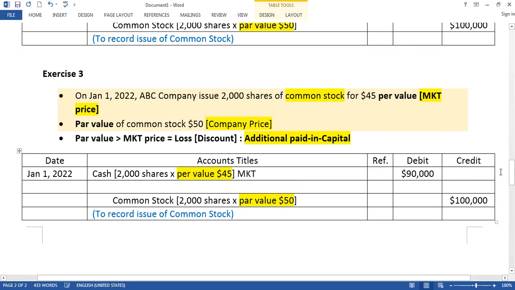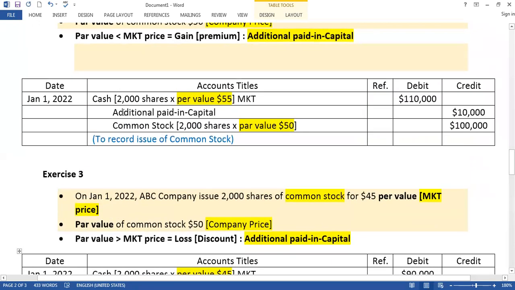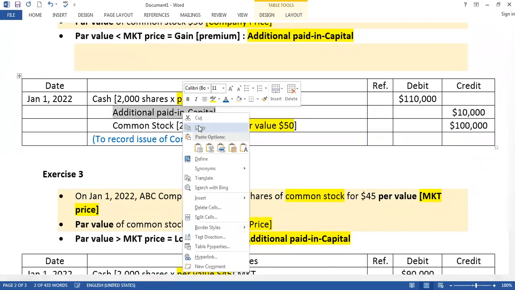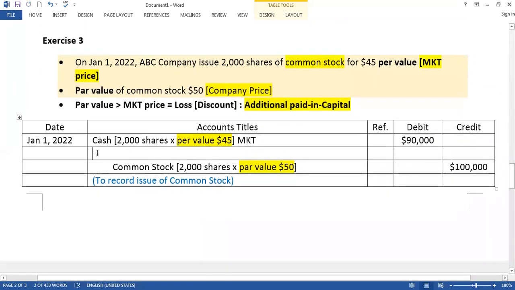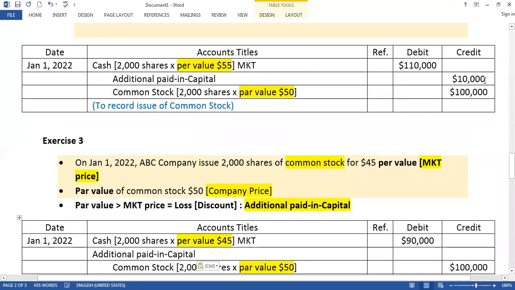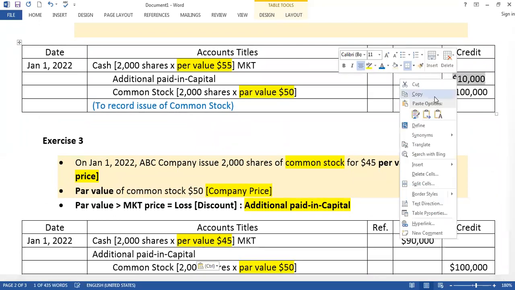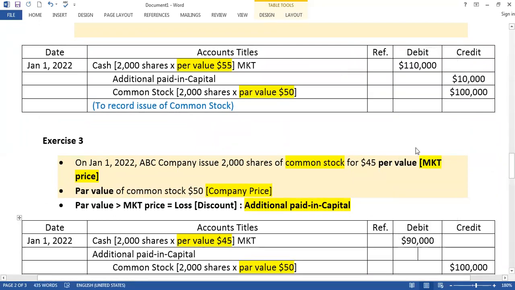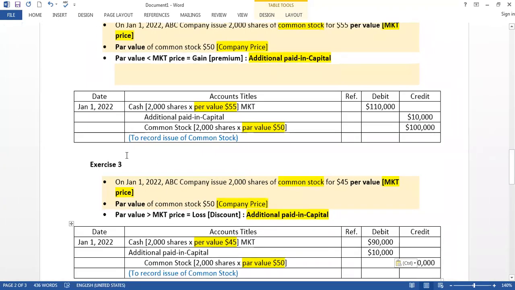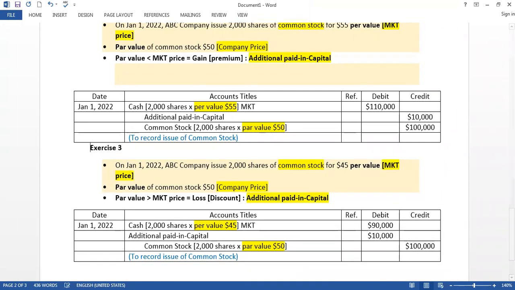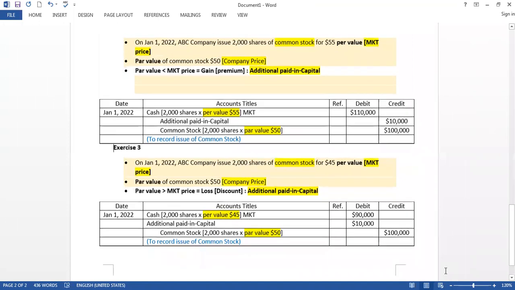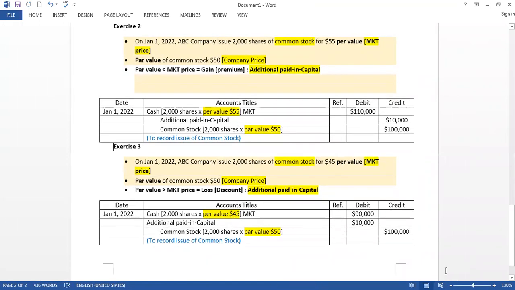Loss means additional paid in capital is now a debit. Look at before, additional paid in capital was credit, right? Now additional paid in capital, $10,000, is a debit. Now we can compare exercise 2 and 3 together.